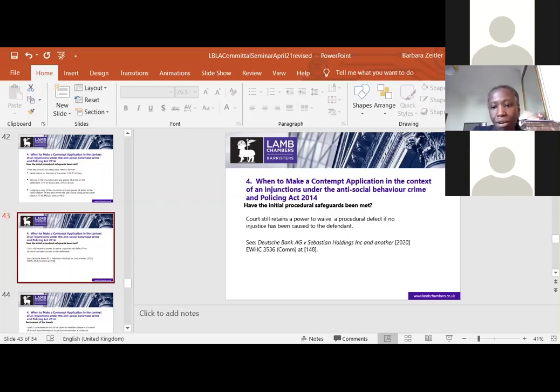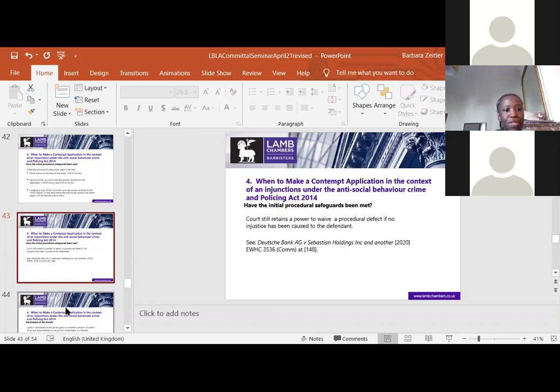However, in the case of Deutsche Bank Attorney General and Sebastian Holdings, Inc. and another, the High Court reaffirmed that the power to waive any kind of procedural defect had been retained, even though this hasn't been set out in any additional practice direction or incorporated into the substantive rules themselves. So it's worth remembering, yes, it's important to get it right first and foremost, but there is this fallback provision whereby the court could dispense with any error made.